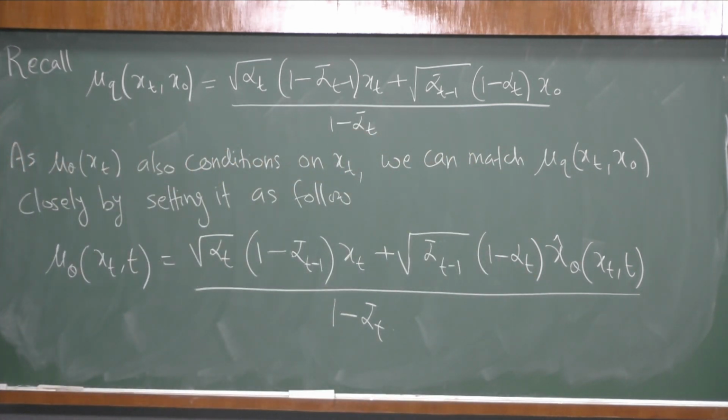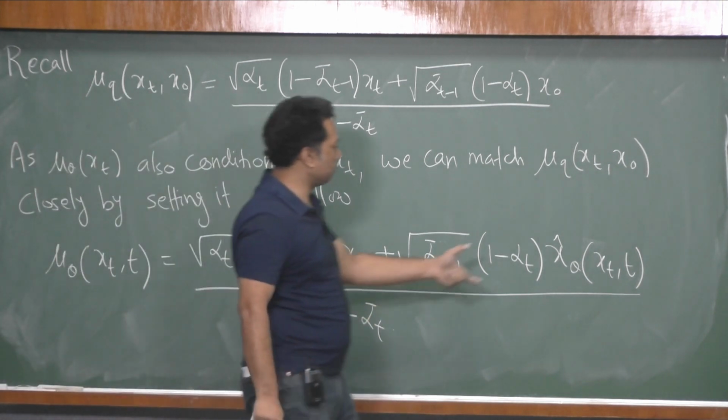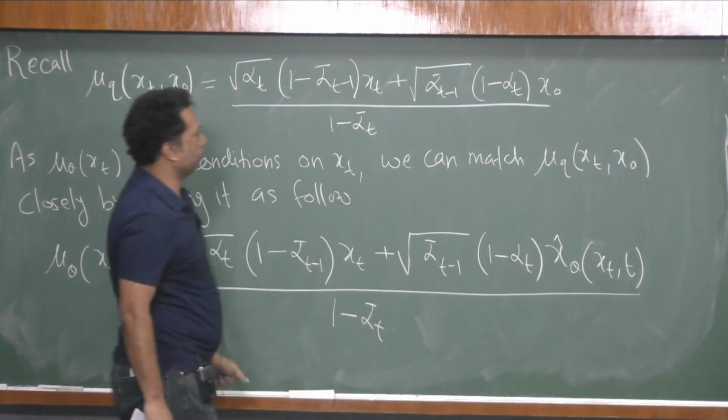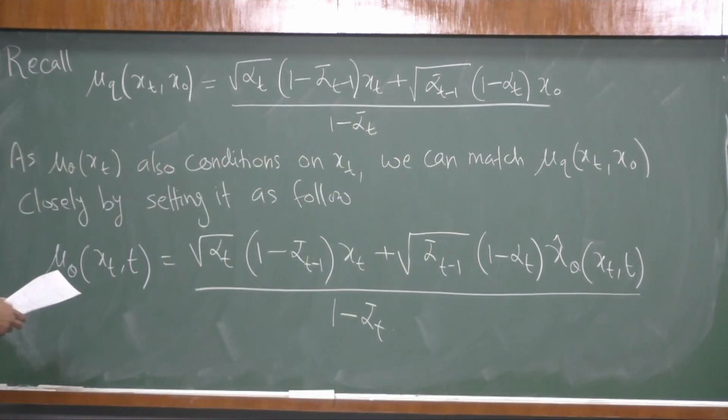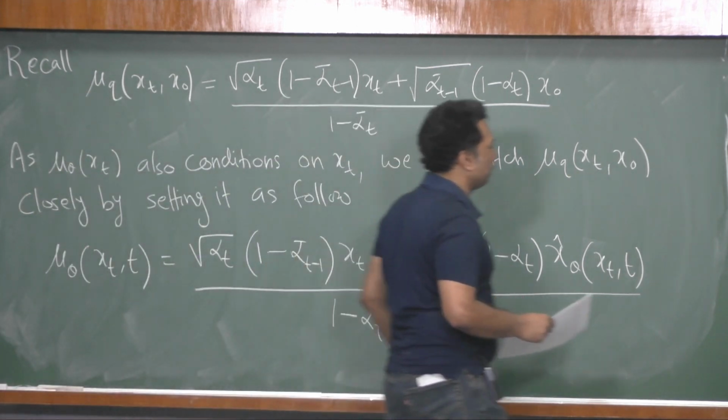Okay, so basically we want to say that we have some prediction function that predicts x naught, and this theta that we see here will be parameterized.